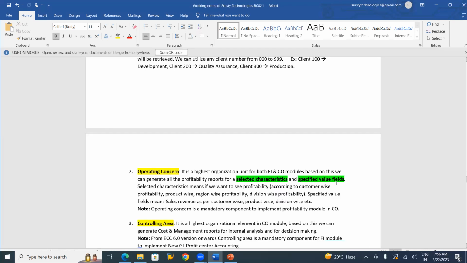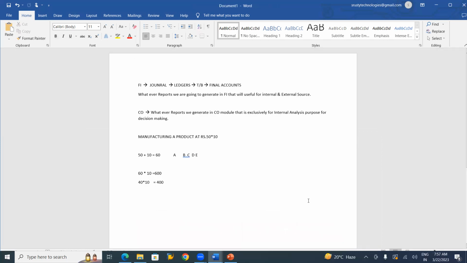And specified value fields: we won't see only the profitability, we will see the revenues. Revenue may include the profit or the loss. So specified value field means sales revenue as per customer wise, product wise, division wise. Understood? Any questions on this?